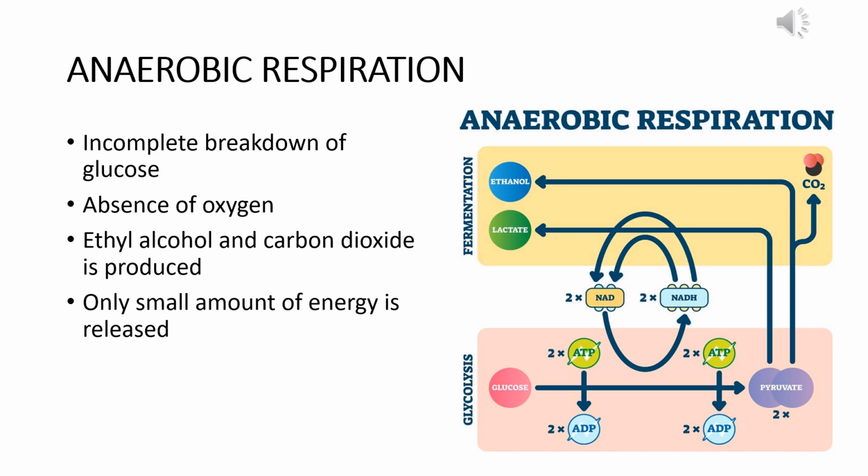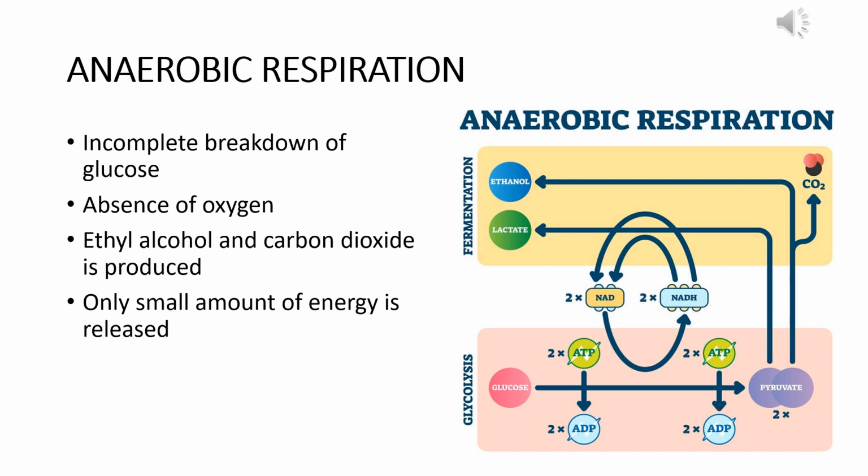Okay, and then the pyruvate does not enter into the TCA cycle or the citric acid cycle or Krebs cycle. Instead of that, it is chemically turned into either lactate or ethyl alcohol or ethanol, and that process is called fermentation.